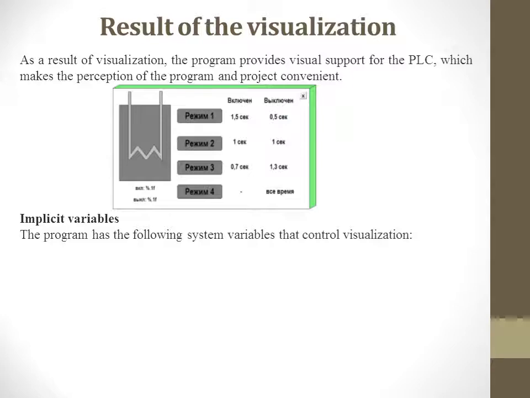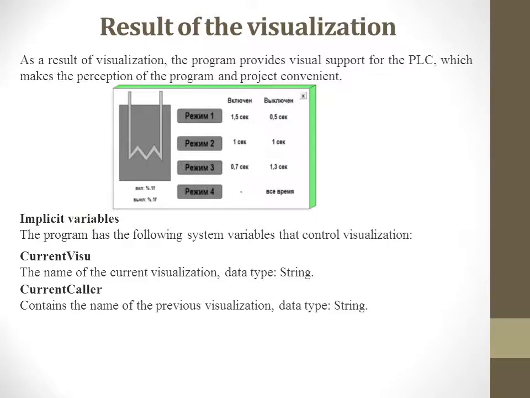So let's talk about implicit variables. The program has the following system variables that control visualization. So what kind of variables? Current visu, the name of the current visualization. The data type of this variable is string.